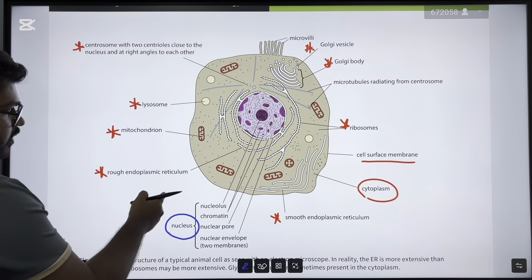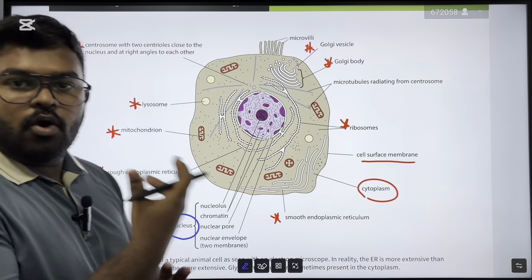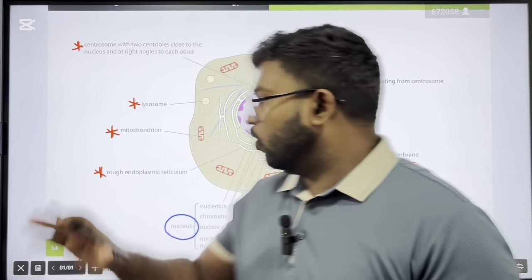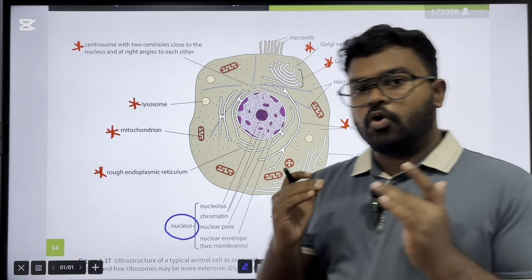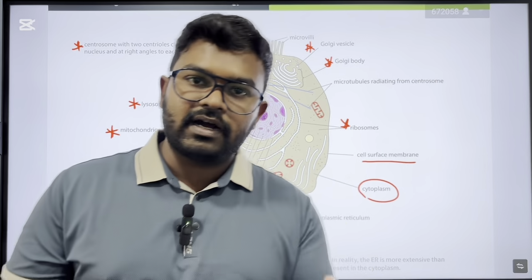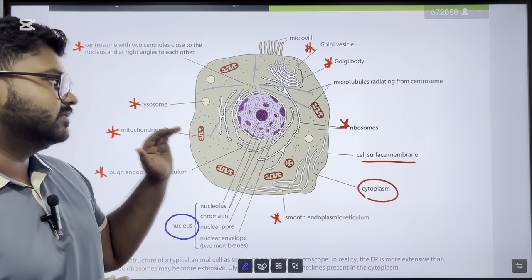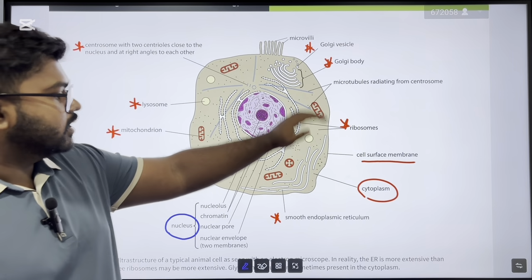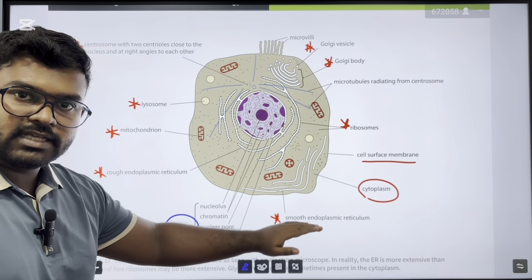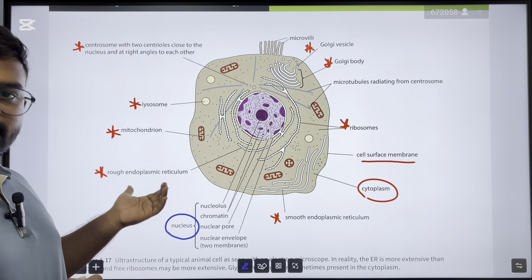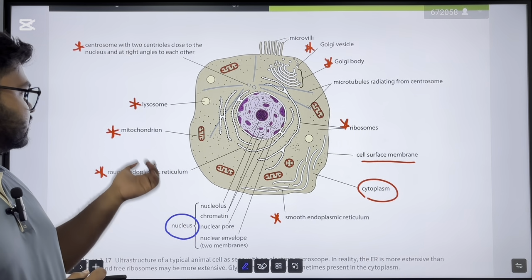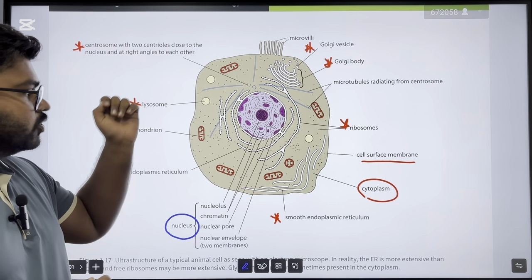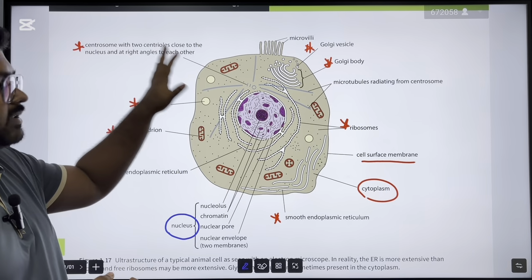These are the organelles within a cell. As I mentioned, all these organelles have a specific function within an animal cell. There are ribosomes, Golgi body, smooth endoplasmic reticulum and rough endoplasmic reticulum, nucleus, mitochondrion and lysosome. And there are some other organelles.